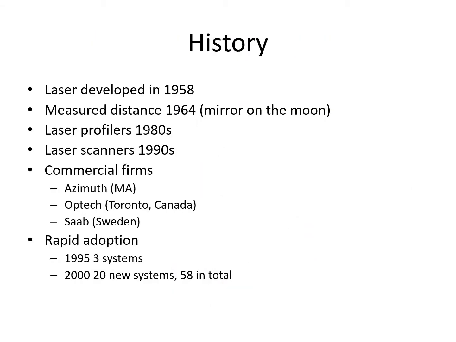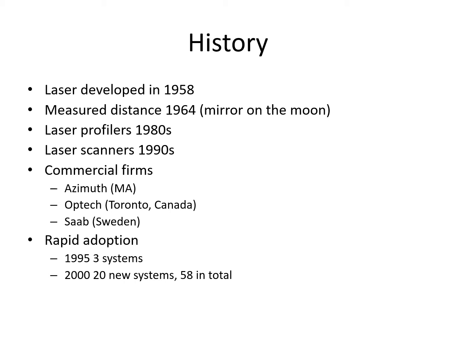First lasers were developed in '58. They used lasers to measure the distance to the moon from a mirror that was placed there during one of the space missions in 1964. By the 80s, they had laser profilers, and by the 90s, they had laser scanners, and then commercial firms like Azimuth and Optech and Saab began developing this technology.